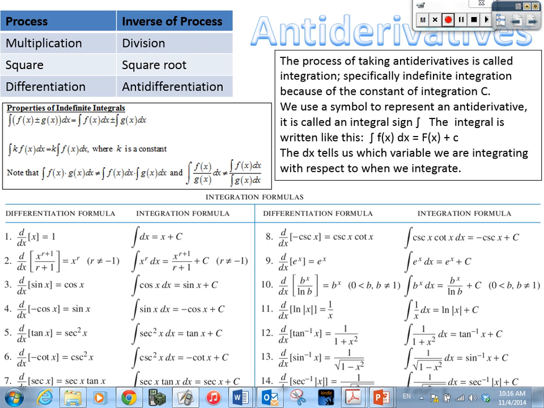Now notice, differentiation we learn first because it's easier. Because I could give you any kind of function, and you would be able to find the derivative, right, with all the rules that we know. I mean, you know how to find the derivative of all different types of things. That is not going to be the case with integration.